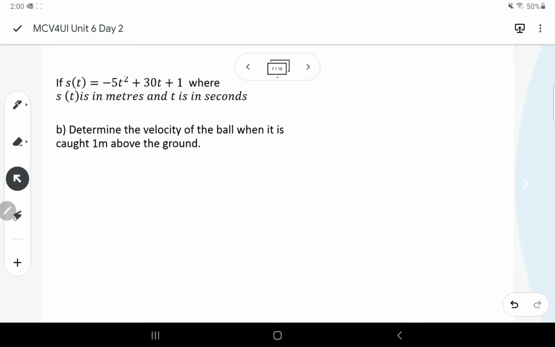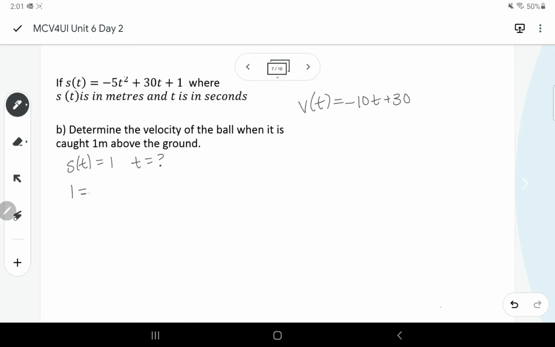Now here we're looking at what is the velocity of the ball when it's caught 1 meter above the ground. So we know that the velocity function is the derivative of that height function. So that was our negative 10t plus 30. And we want to figure out, if my height, s at t equals 1, we need to find the time when that happens.